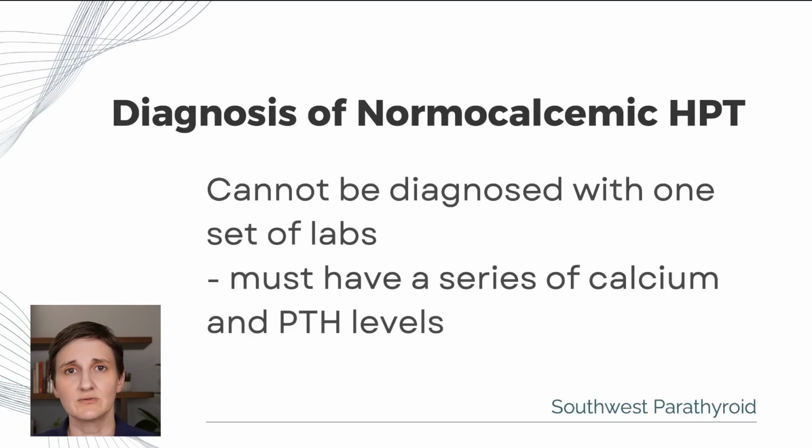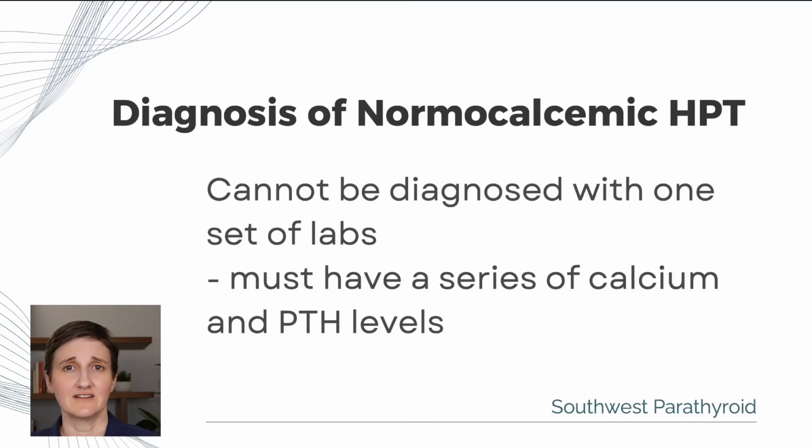They don't have normocalcemic hyperparathyroidism. They have classic primary hyperparathyroidism, where the calcium level has temporarily gone back to normal, and the next time we check it, we'll probably be back in the 10s. So once I see that their calcium level has been in the 10s, then I can say, okay, that's not normocalcemic hyperparathyroidism. So you have to have a few labs.